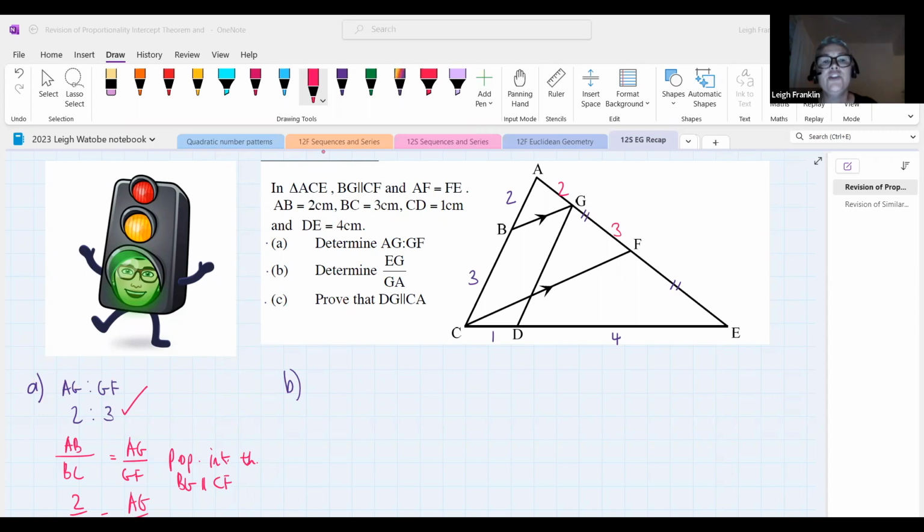EG over GA, EG is this bit over here, and GA, let's do that in a slightly different color, is going to be that bit over there. We're working along the same straight line. There's not an awful lot of working that we would need to show here, but what we would have to include in this answer is the length of FE. Did you state the length of FE?